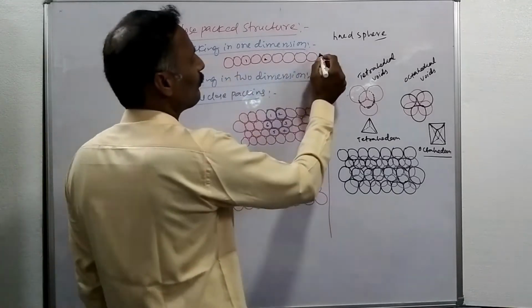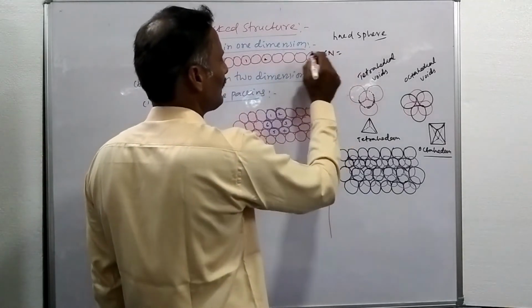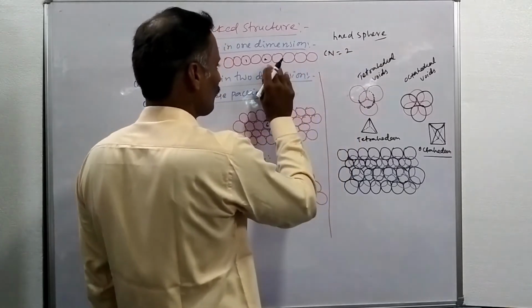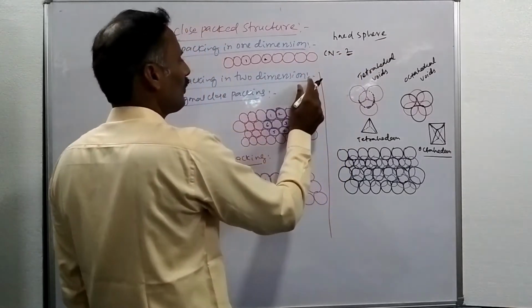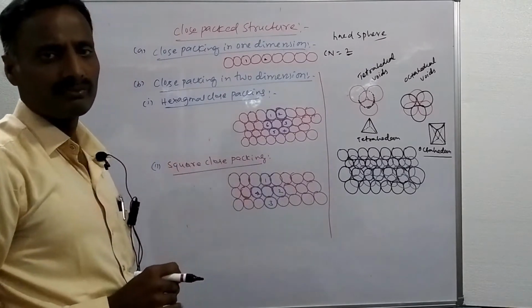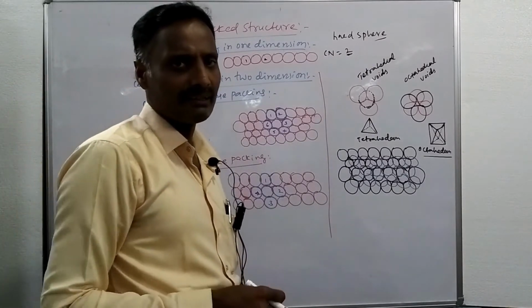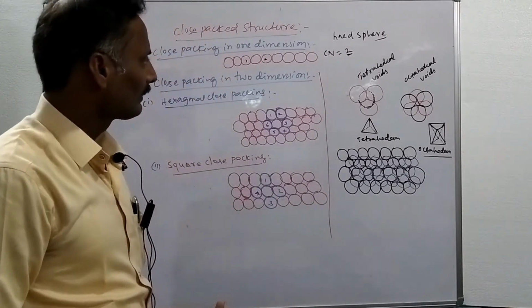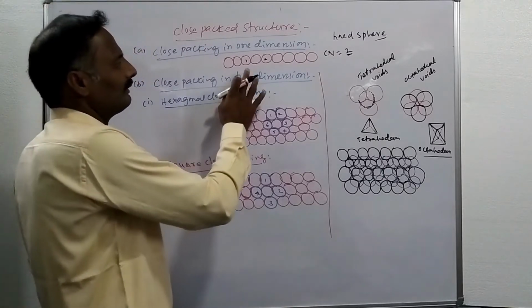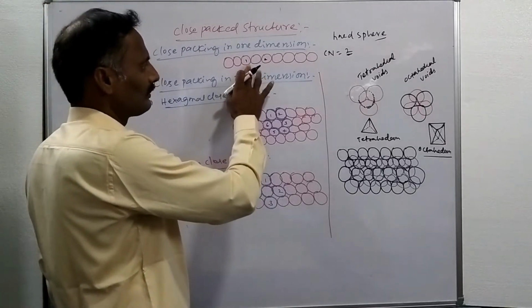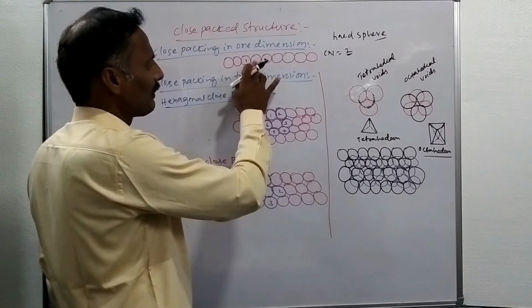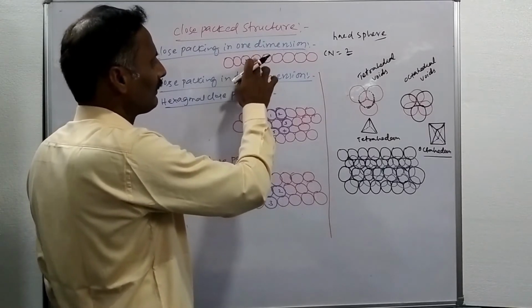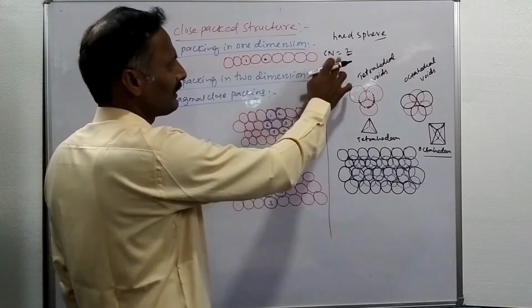That's why the coordination number of this row is 2. This 1-dimensional lattice contains particles where each particle at the center is shared by 2 neighboring particles. Thus the coordination number is 2.